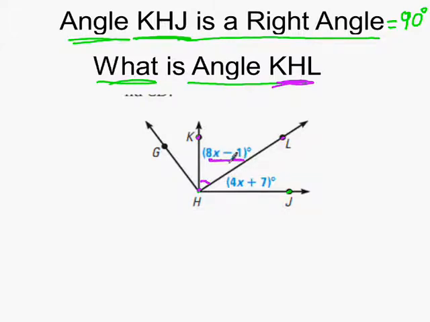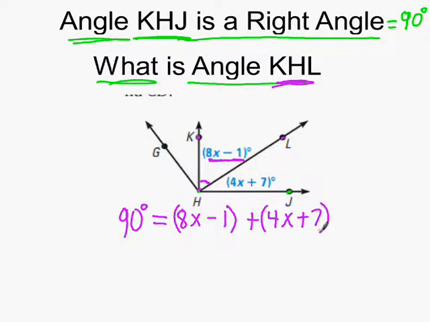We know that this whole thing here, KHJ, equals 90 degrees. Okay, so if the whole thing equals 90 degrees, we know that this one, KHL, which is 8x minus 1, plus LHJ, which is 4x plus 7, these added together, is going to equal 90 degrees.